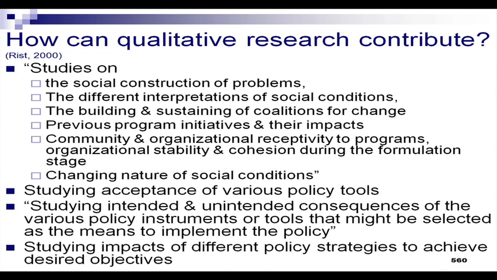We can also study the acceptance of various policy tools. We can study intended and unintended consequences of the various policy instruments or tools that might be selected as the means to implement the policy. We can study impacts of different policy strategies to achieve desired objectives. All of this requires an engagement with the stakeholders, with the implementers, with the policy formulators.